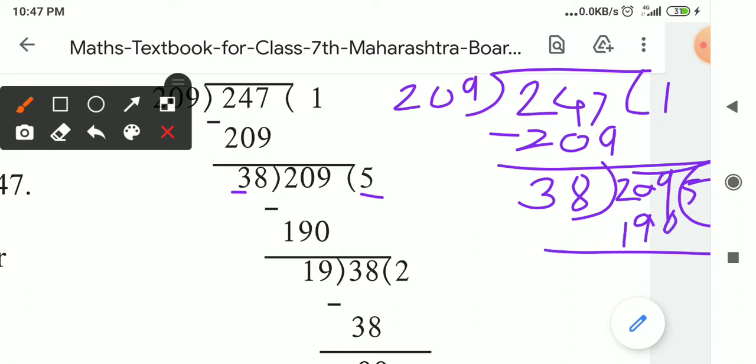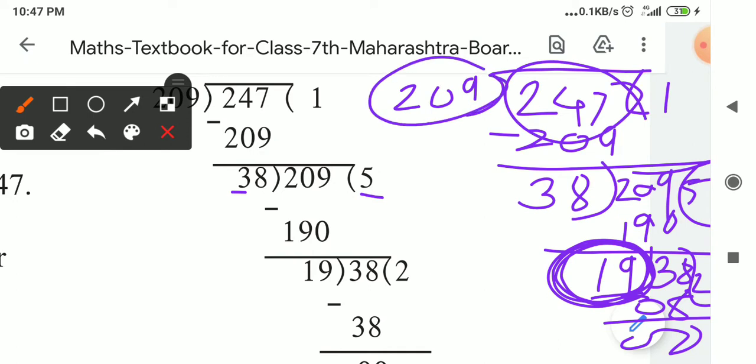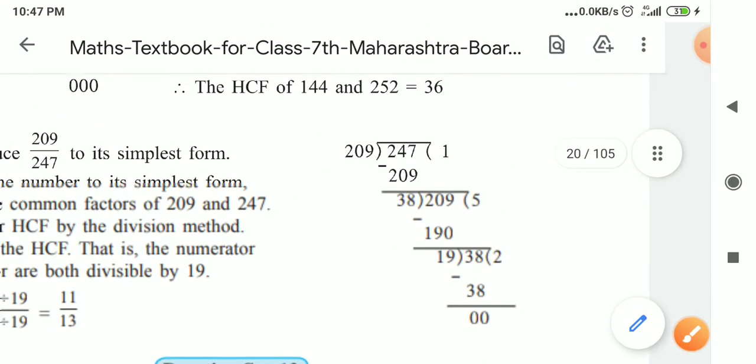If you do the subtraction, you will get 19. Then 19 we divide into 38: 19 ones are 19, 19 twos are 38, and the remainder is 0, so 19 is the HCF of 247 and 209. By the division method we can also find the HCF of numbers.